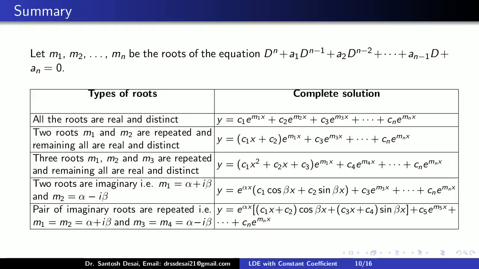So we get y is equal to e raised to alpha x into (c1x plus c2) into cos beta x plus (c3x plus c4) into sin beta x plus c5 e raised to m5x plus and so on plus cn e raised to mnx. Now this is the very important part. If we know all these rules, then one can easily find the complementary function for the given equation.